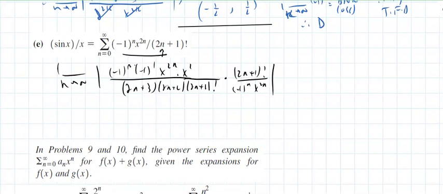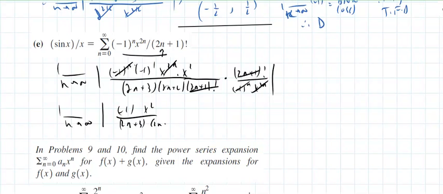Now the negative 1 in there is useless really, because absolute value is going to absorb that. So this is negative 1 times x squared over 2n plus 3 times 2n plus 2. This limit is 0, which is less than 1, therefore converge for all values of x.